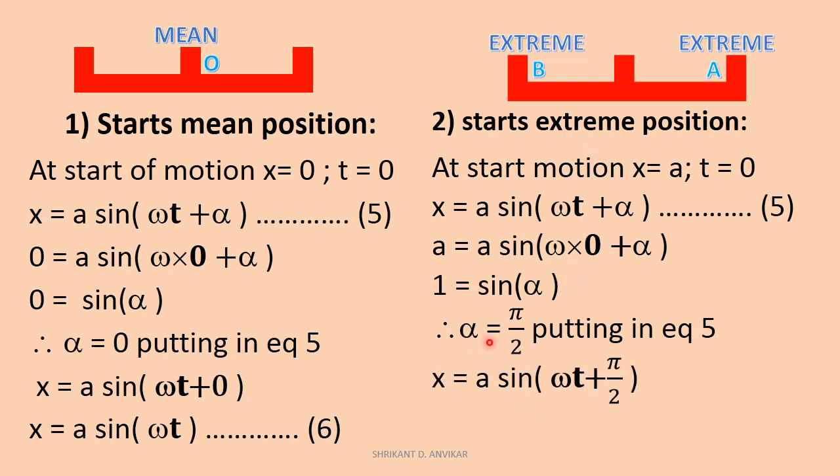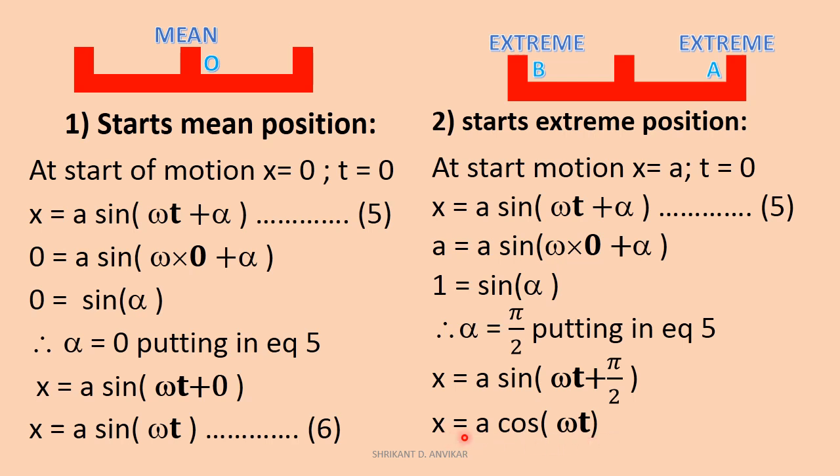Substituting this value of alpha in equation number 5, we get x equals a sin omega t plus pi by 2. Now by using the trigonometric formula sin of theta plus 90 equals cos theta, we get x equals a cos omega t.